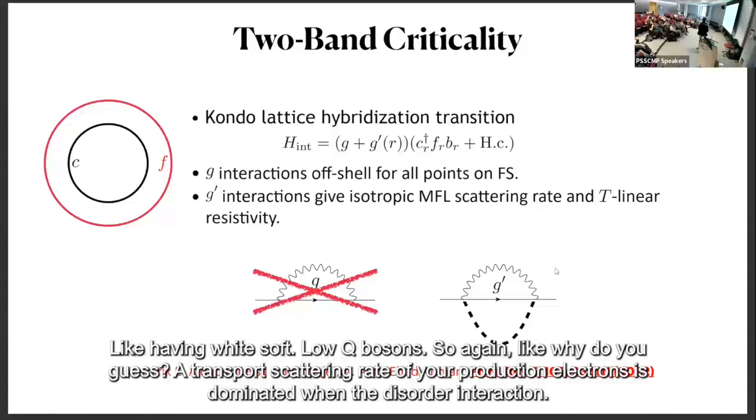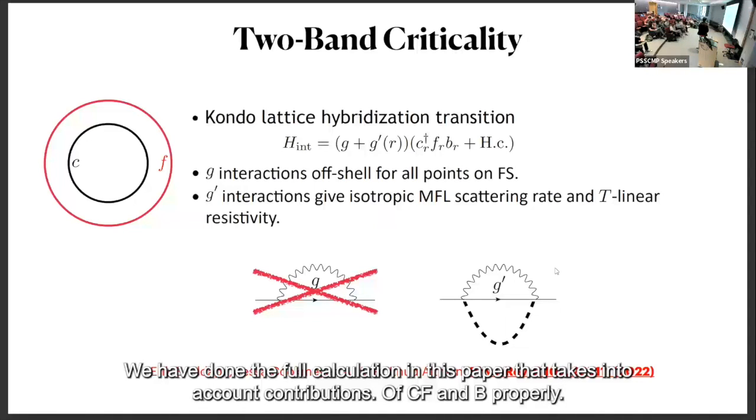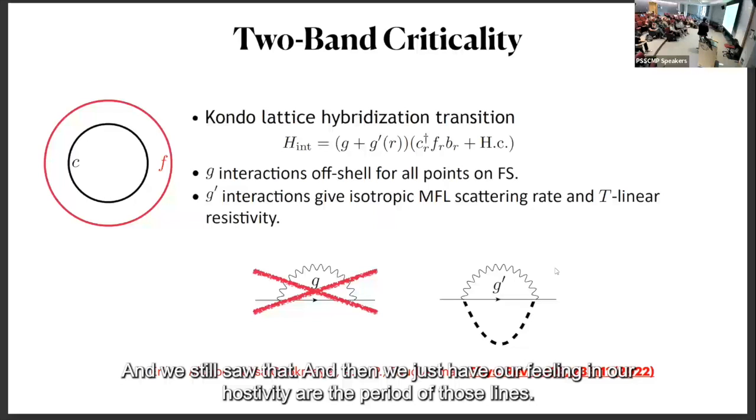So the transport scattering rate of your conduction electrons is dominated by the disordered interaction, and in two spatial dimensions that gives you a marginal Fermi liquid and T linear resistivity. We've done the full calculation in this paper, taking into account contributions of C, F, and B properly, and we still show that in the end we have T linear resistivity at the critical point.